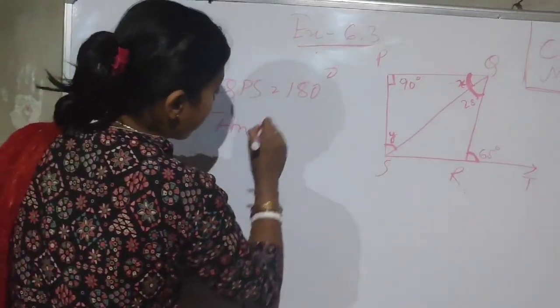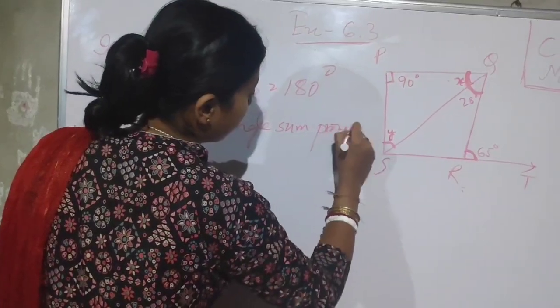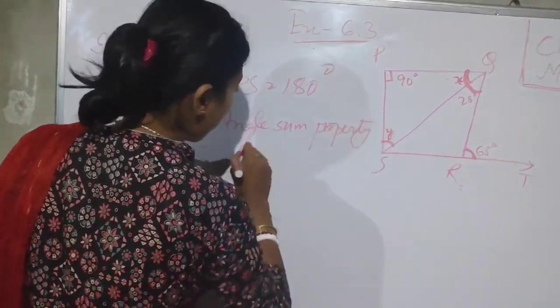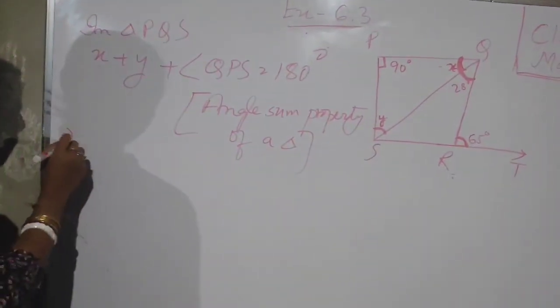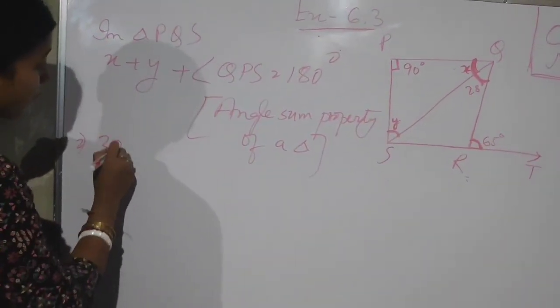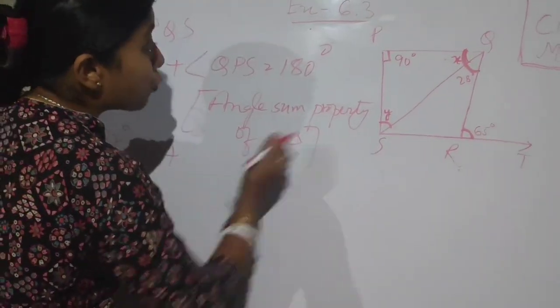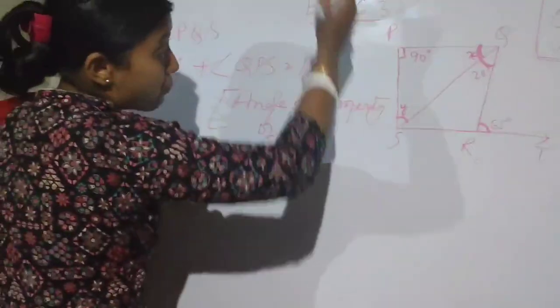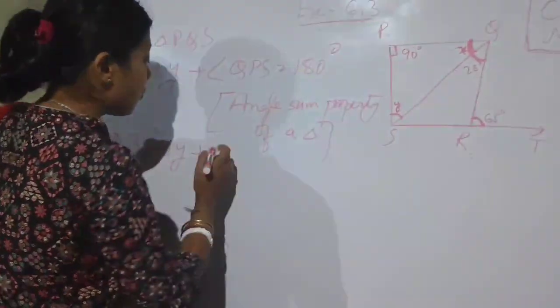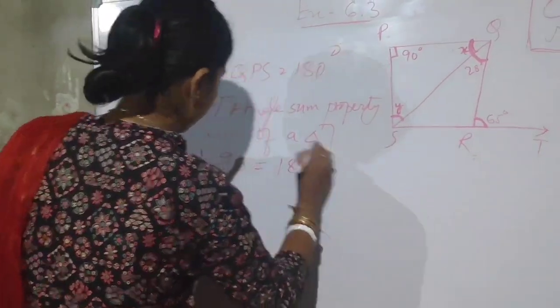This is the angle sum property of a triangle. So x plus y, x we have 37 degrees, plus y plus angle QPS is 90 degrees, since PQ is perpendicular to PS, so this angle will be 90 degrees, equal to 180 degrees.